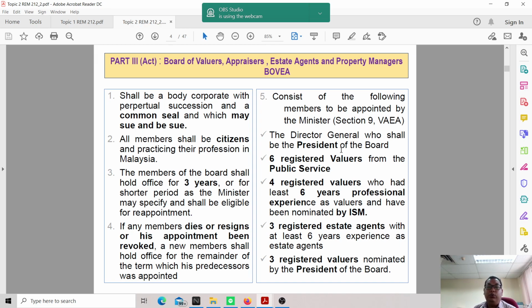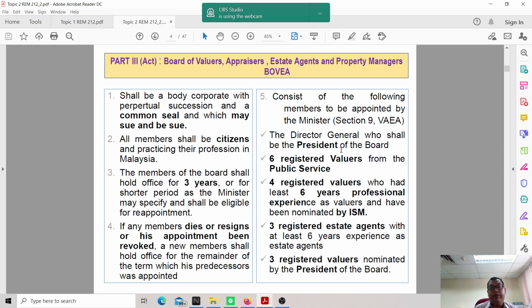So afterwards, we have another 4 registered valuers who have at least 6 years professional experience as valuers and are nominated by ISM, the Royal Institution of Surveyors Malaysia. So they can nominate these 4 registered valuers.